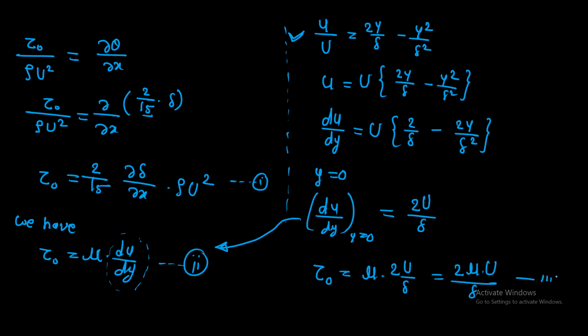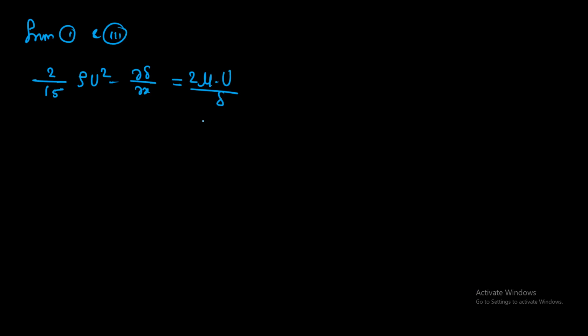So this is equation 3. Okay. Now from comparing equation 3 and equation 1, so from equation 1 and equation 3, we get this 2 by 15 rho U square dou delta upon dou x. This is equal to 2 mu U upon delta. Okay. Now just rearrange the term.